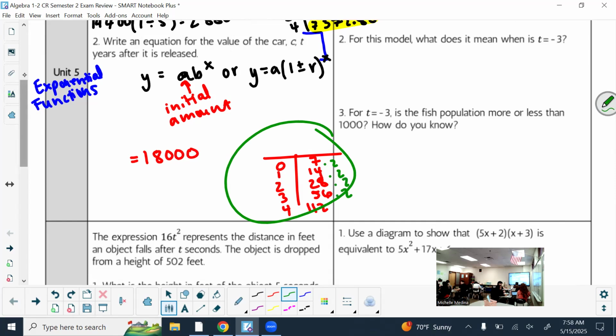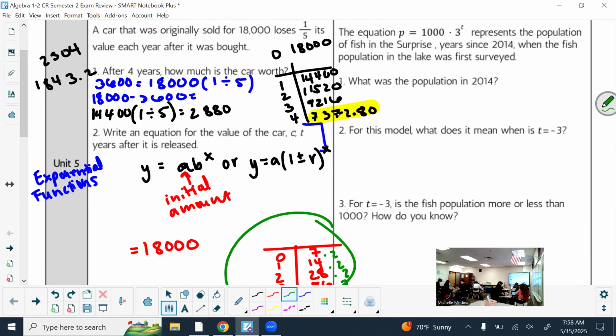In this one, it's not really clear what you're multiplying by each time. There's ways to figure it out. If you take one of the numbers and divide it by its previous number, like I'll take 11,520 divided by 14,400, I get 0.8.